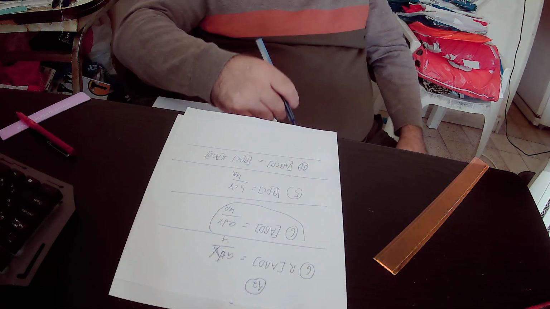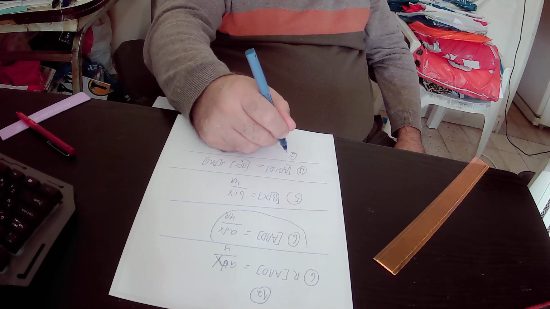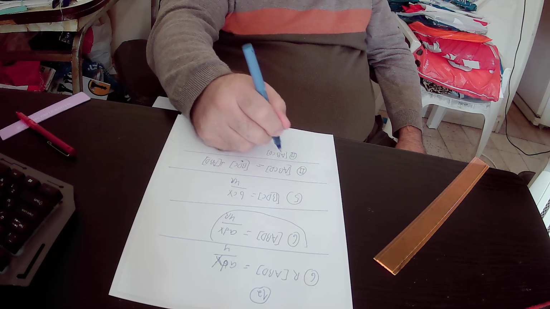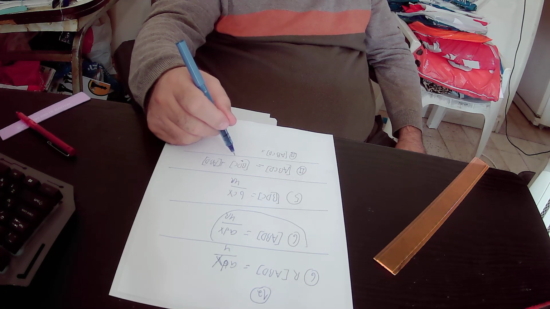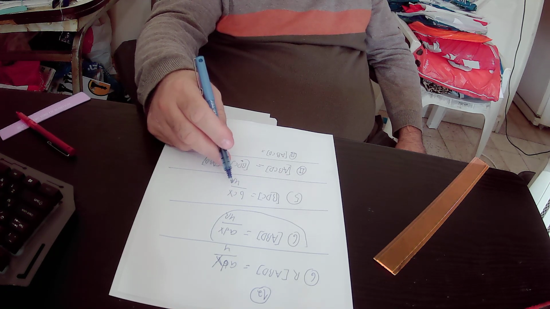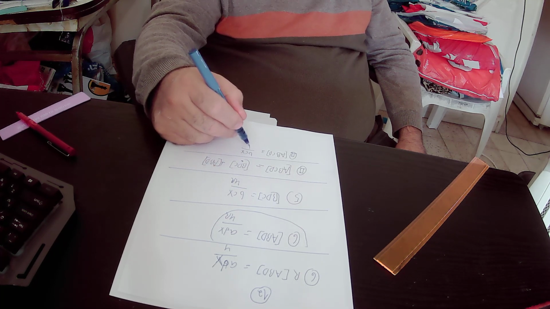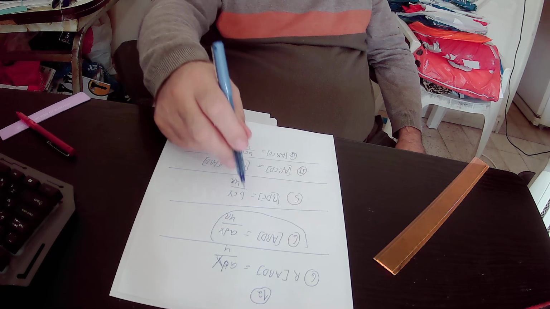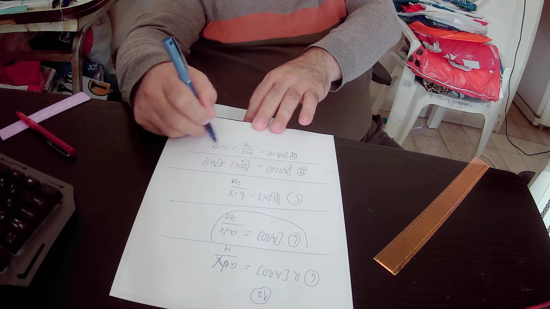Okay, so the area of quadrilateral ABCD according to equation number 2 equals the area of triangle BDC, but we have already found out that the area of triangle BDC equals BCX over 4R. That's the area of triangle ABD. We have already found out that the area of triangle ABD equals ADX over 4R.